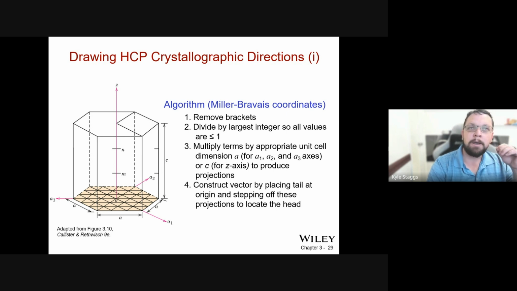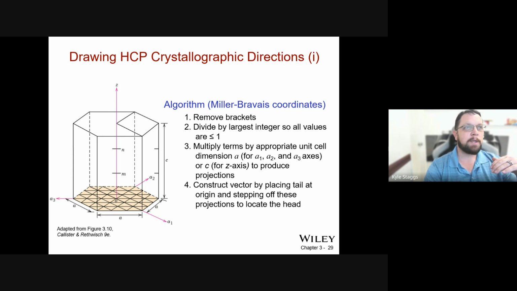Multiply terms either by A or C to rescale them relative to the axes along which they align. And then you construct the vector by placing the tail at the origin and stepping off in each of the axes, first in A1, then in A2, then in A3.